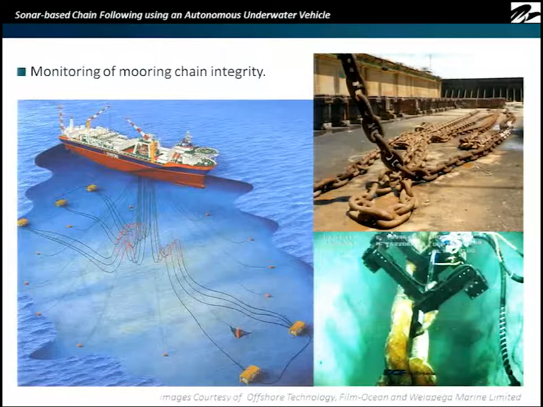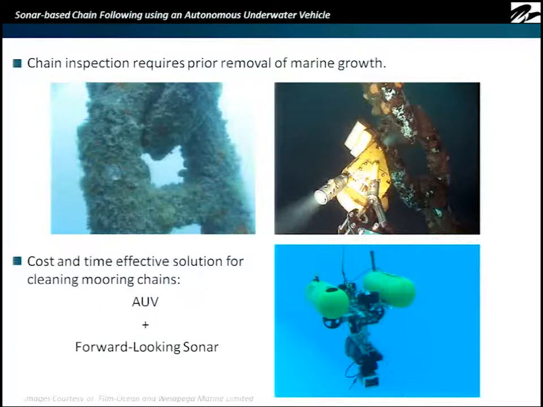So the motivations for our work come from the monitoring of mooring chain integrity, which is performed regularly through inspections to ensure the ship safety. So these inspections require a prior step, which is the removal of the marine growth, which is accumulated on the chain links.